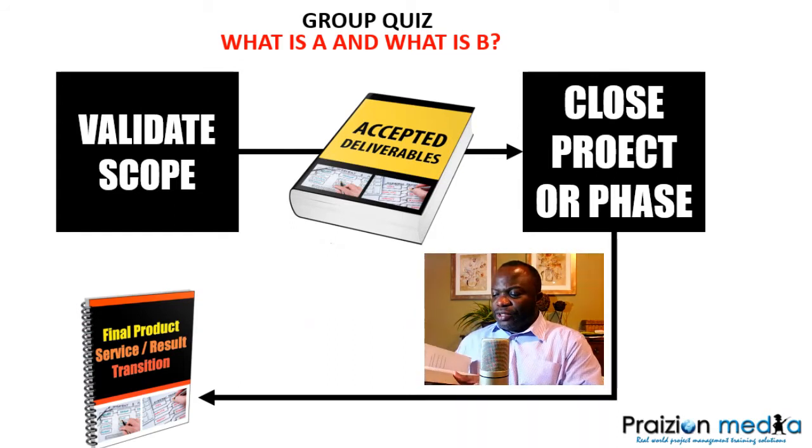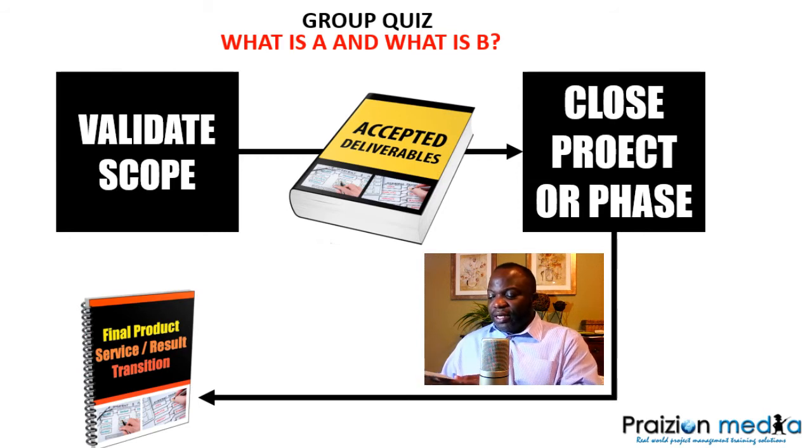So, validate scope, 5.5, I believe it is. And these numbers are also very helpful to know. So 5.5 is where we get accepted deliverables. However, if you really wanted to follow the trail, you need to go to page 164 and look at accepted deliverables coming out of validate scope and go into close project or phase.